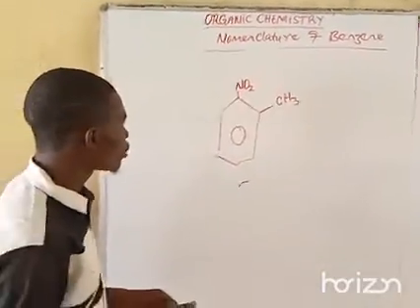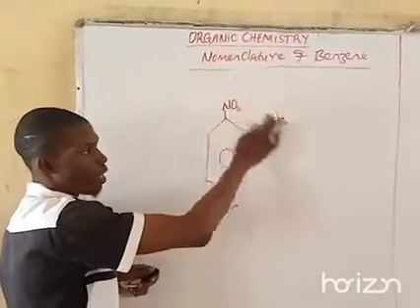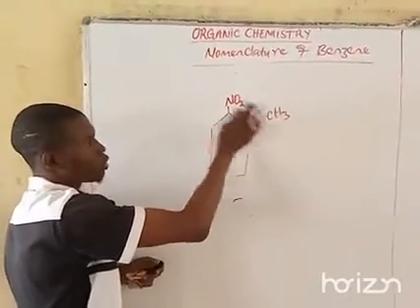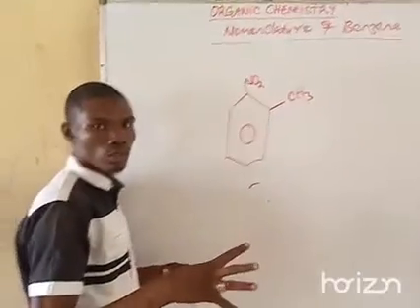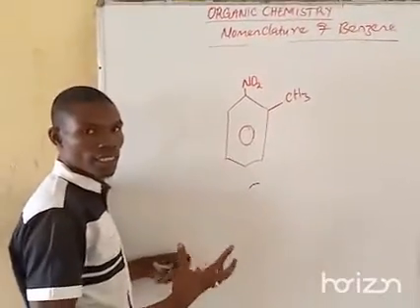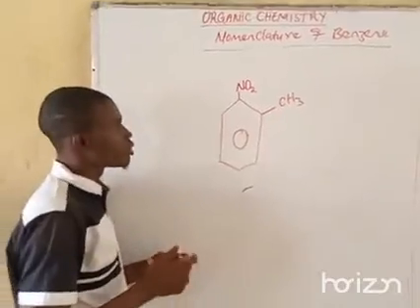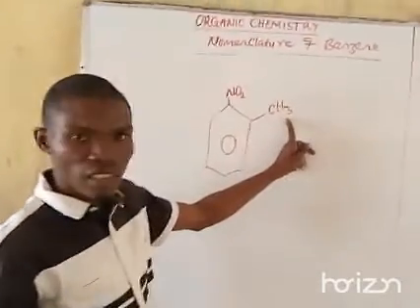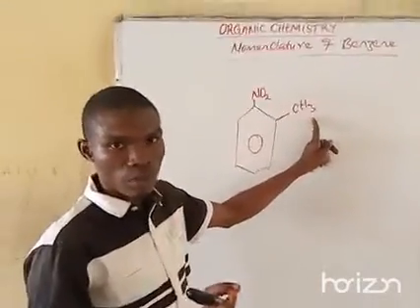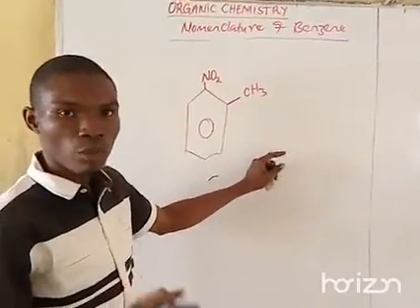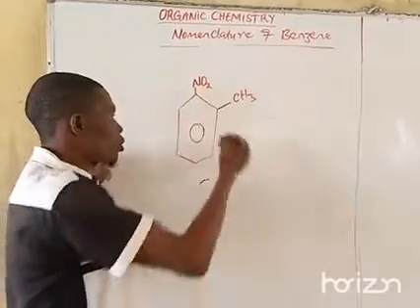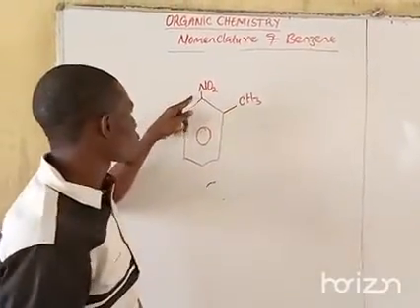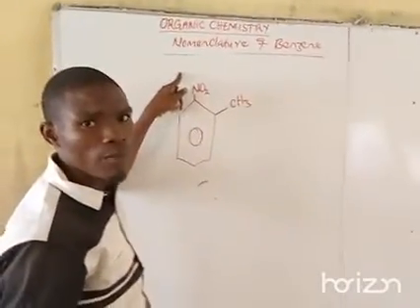So what you are going to do is look at these two compounds. The electron releasing group will be favored over the electron withdrawing group. CH3 is an electron releasing group, so it is going to be supplying electrons to the benzene ring, while the other one is going to be drawing electrons away from the benzene ring.